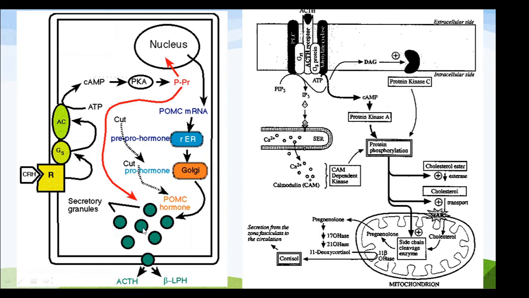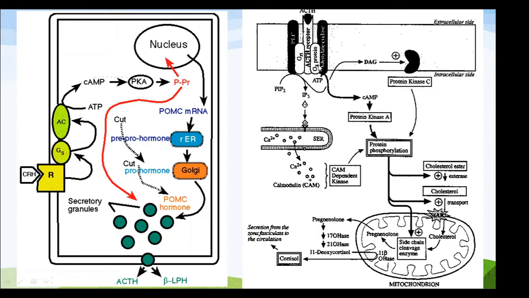In the secretory vesicles the POMC is degraded to form active ACTH as well as beta LPH hormone.